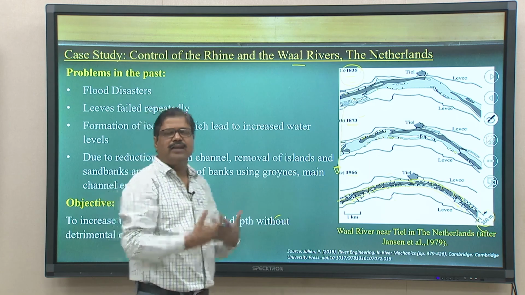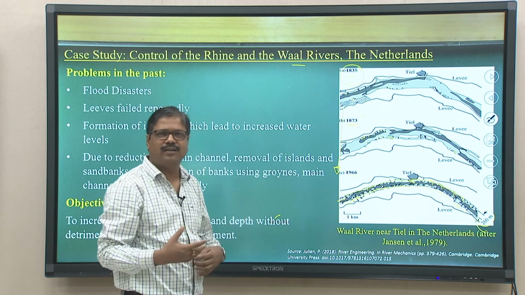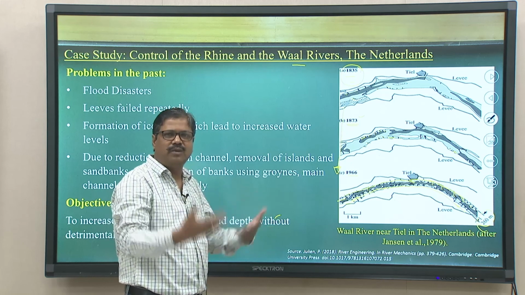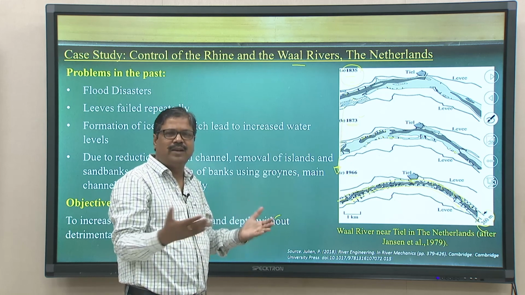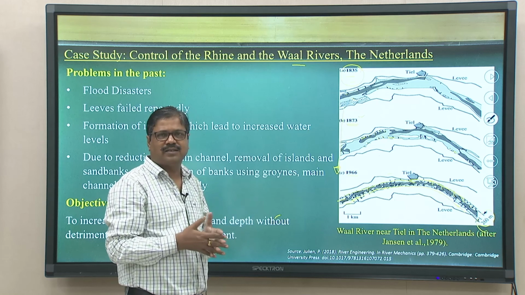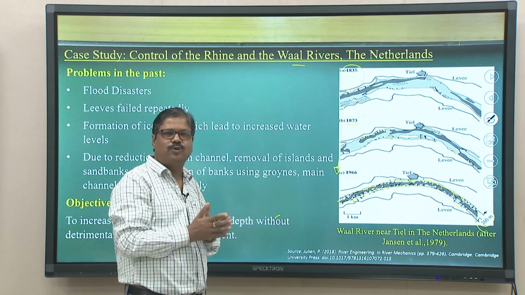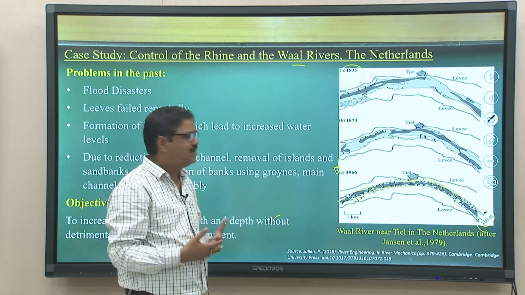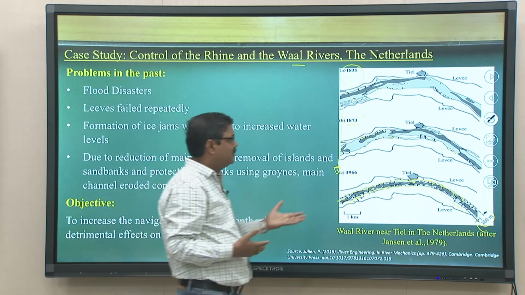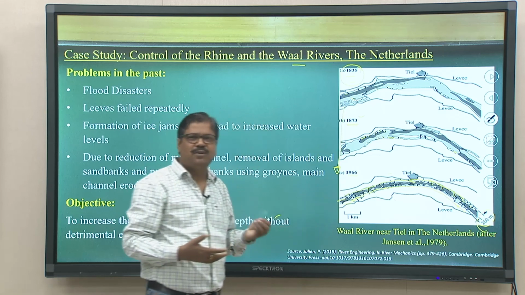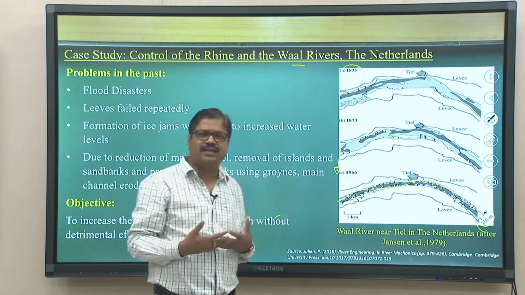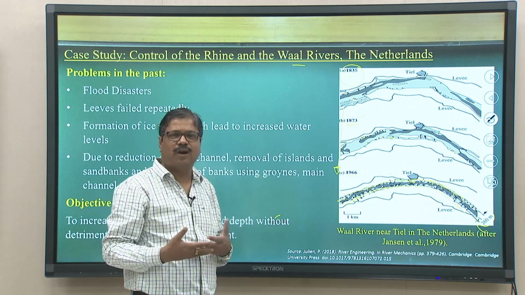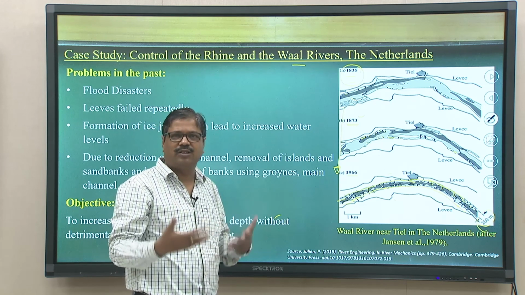When you do any river training engineering works, it is not a canal. We try to understand the river morphology. How does the river respond to these man-made river training structures? Based on that, we should proceed step by step. It may take a few years, a few decades to stabilize the rivers, because, as we know from experience, each river's response to particular river training works is different, it is not the same.